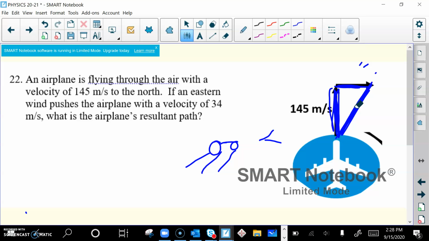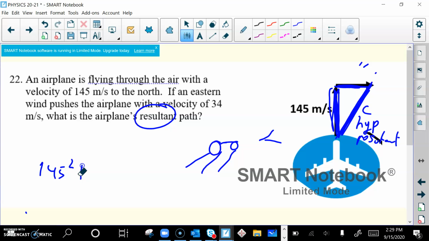How do you calculate this? One of the easiest formulas you're going to use this year, you saw this last year, you use Pythagoras' theorem, because in reality, you're trying to figure out the C, or the hypotenuse, or the resultant. However you want to put it, it's the same thing.